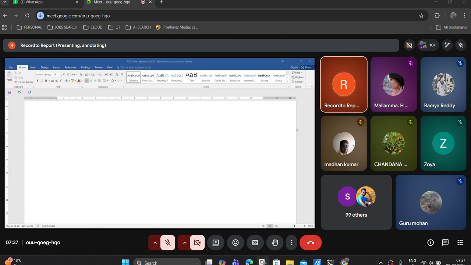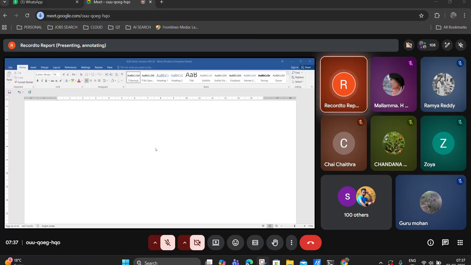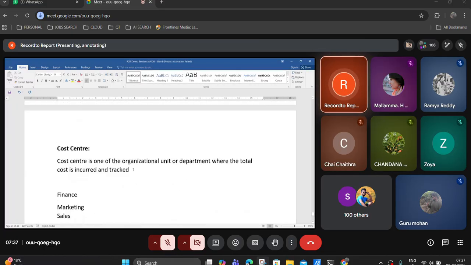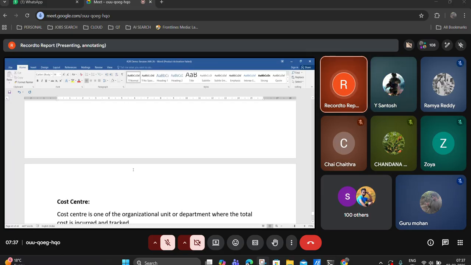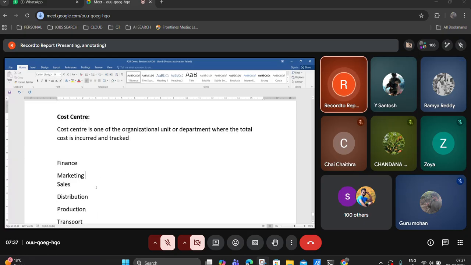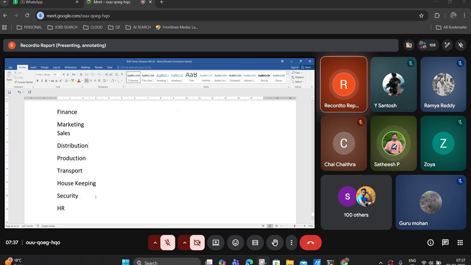Okay, so for example, the company is paying how much rent? 1 lakh. So how many departments do we have here? If you go up and check here, we discussed various departments like finance, marketing, sales, distribution, HR, production, transport, housekeeping, security.